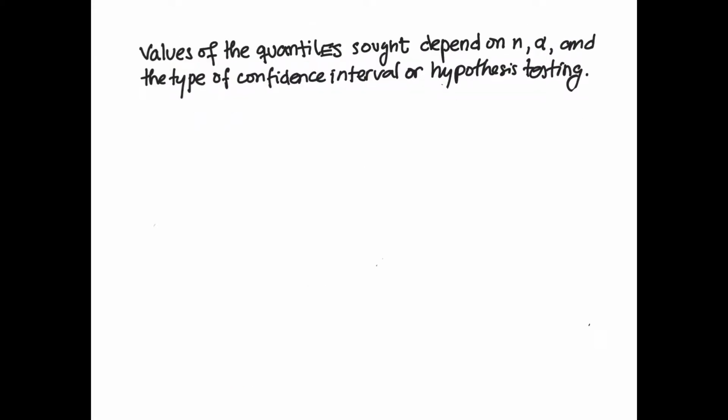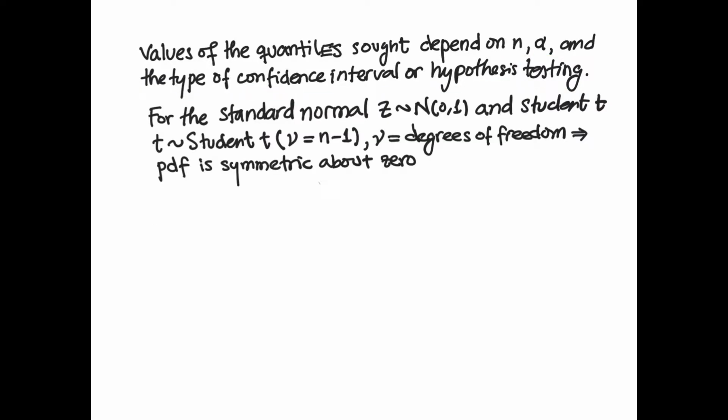The values of the quantile sought depend on the sample size, the level of confidence or level of significance, and the type of confidence interval or hypothesis test that we are going after. For the standard normal distribution and the student t distribution, which is characterized by a parameter nu equal to the sample size minus 1, known as the degrees of freedom, the PDF is symmetric about 0.